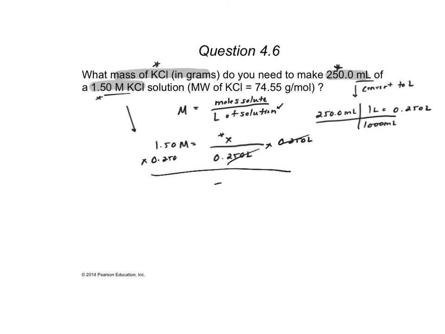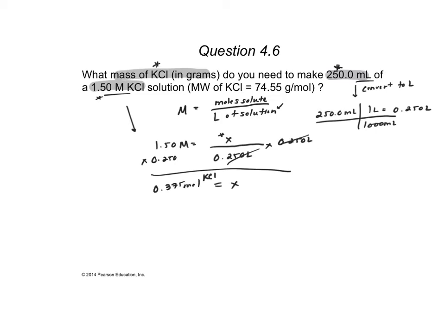These will cancel. We'll be left with x on the right, and then 1.5 times 0.25 gives us 0.375 moles. So if I want to solve for the number of moles, and I know the molarity and the volume of solution, I just need to multiply the two to solve for the number of moles, specifically KCl.